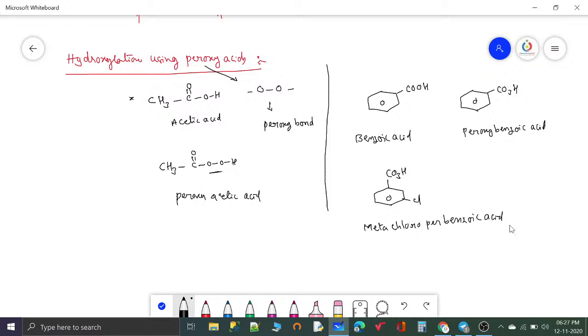Instead of writing peroxybenzoic acid, the shortcut is perbenzoic acid. So for this particular molecule, the shortcut we write is MCPBA. The meta position is always represented with a small letter m, the rest of the letters are capital letters. CPBA, MCPBA, that is metachloroperbenzoic acid.